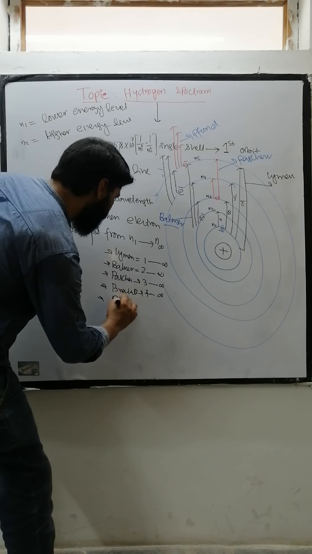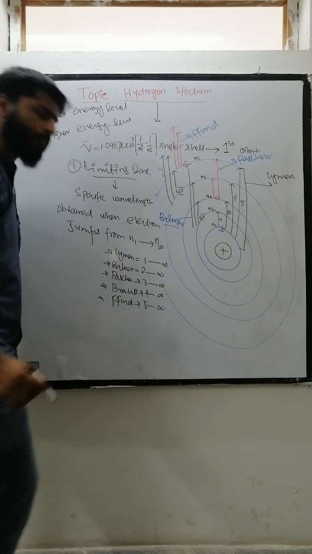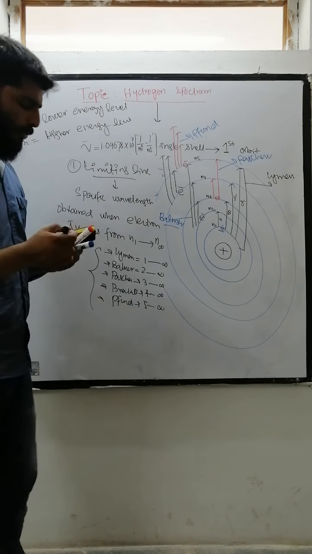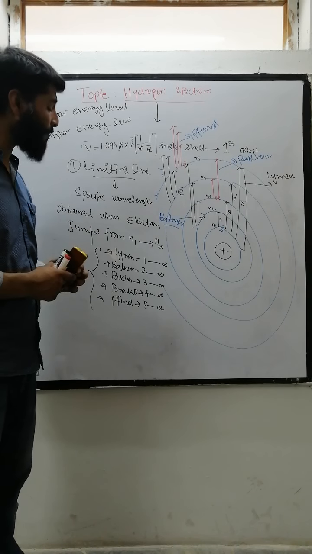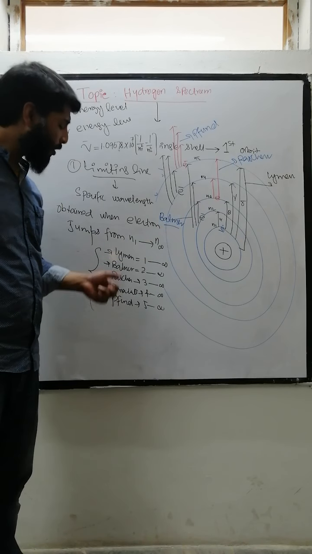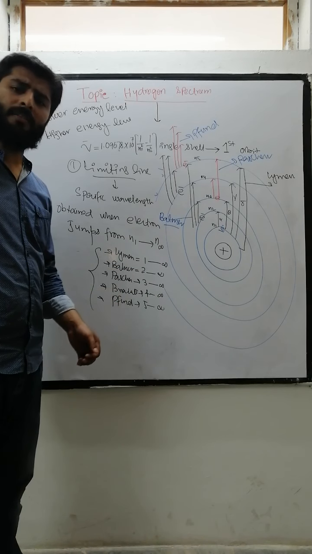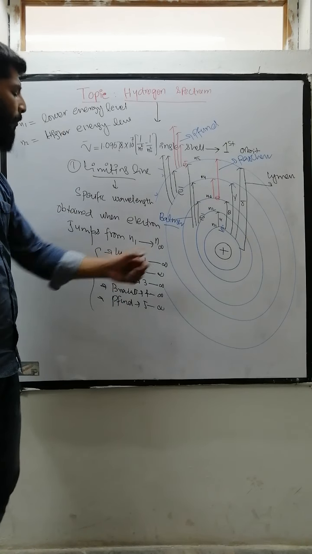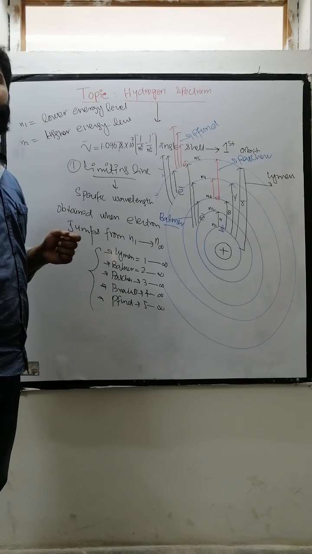And for the Pfund series, it will be 5 up to infinity. So these are the limiting lines for all of these series. The limiting line of the Lyman series means the transition between the first energy level and the infinity level. For the Balmer series, it means the transition between the second and infinity level, and so on. So the main point which you have to keep in mind is the associated wavelength and wave number.